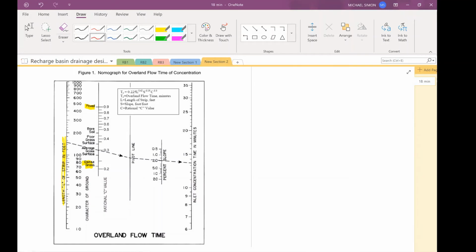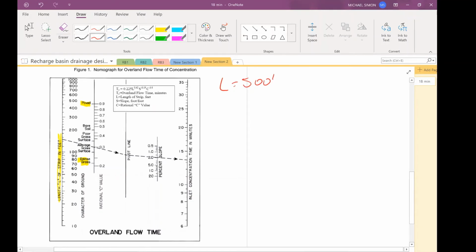Let's say we have the length equal to 500 feet, we're going through bare soil, and we have a slope equal to 1%. Find the time of concentration. For this, you're going to need a straight edge.